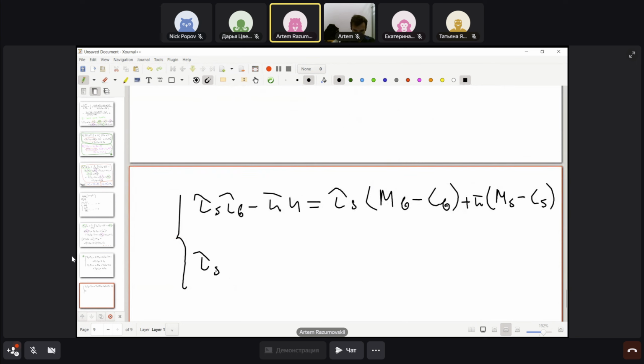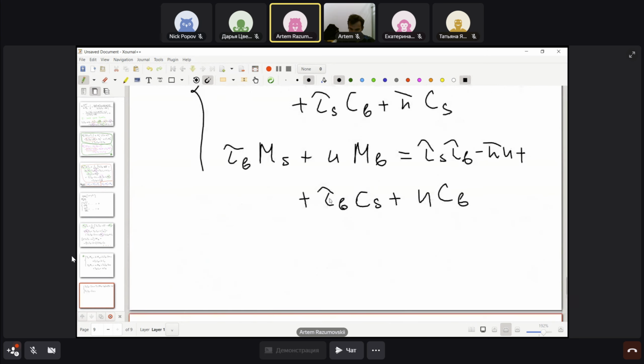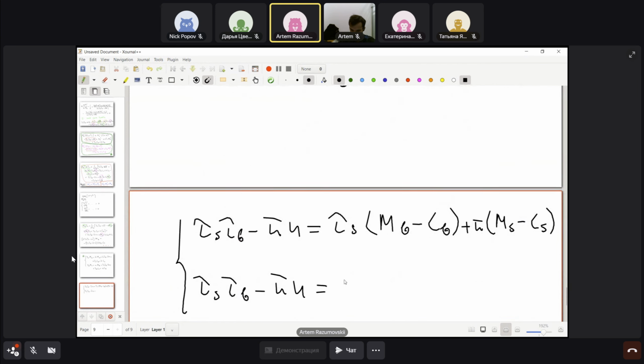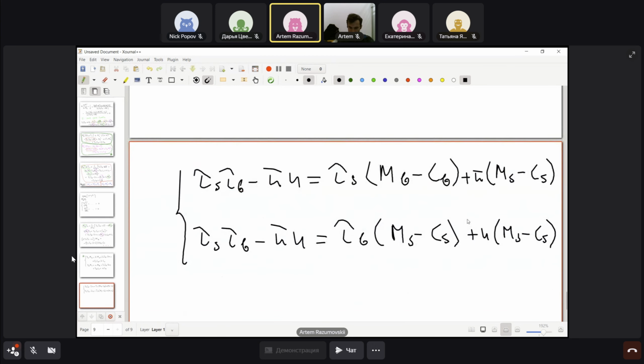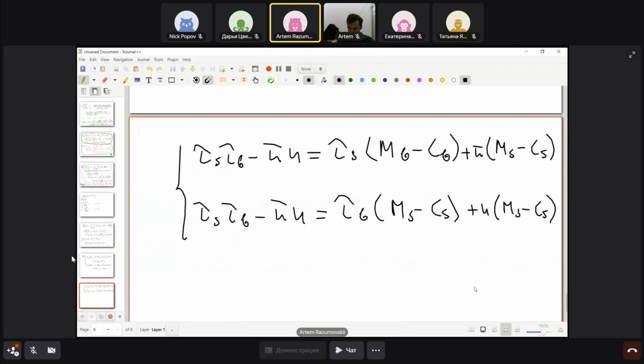And then let me rewrite it for the sellers. So it will be tau buyers plus u.